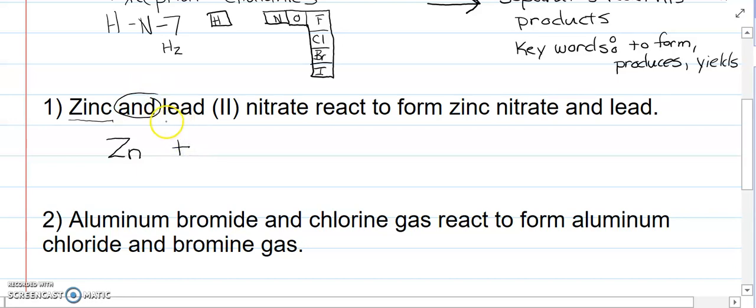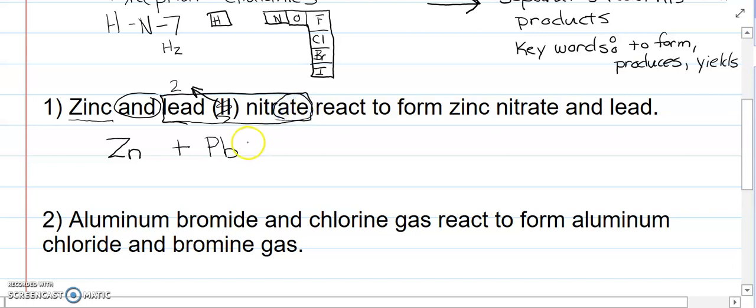And then it's going to say lead(II) nitrate. Now you need to be careful that you're reading completely, because this becomes a compound. Now most of my compounds are ionic, and it is. And if I use my periodic table, I find that lead can be a 2 or lead can be a 4, but the whole purpose of my Roman numeral is to tell me that lead is a 2. I also have to pay attention to my endings, because this is an "ate" ending.